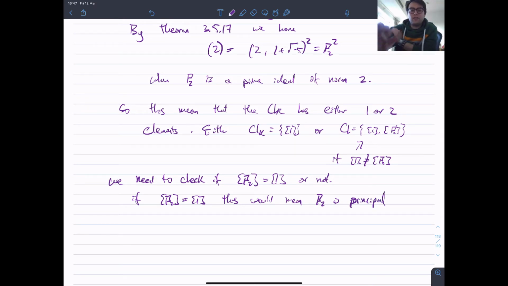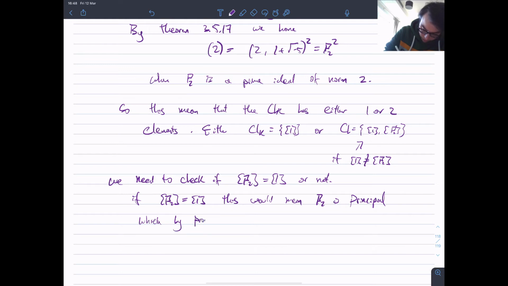You can check that if you have an ideal such that when you multiply it by some other principal ideal it becomes principal, then the ideal that you started with had to be principal. This was an exercise in the notes somewhere. So if this class was trivial, then P2 would have to be principal, which by this proposition, we know what the norms of principal ideals look like.